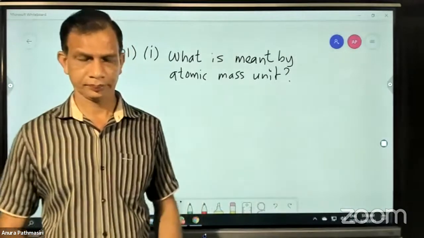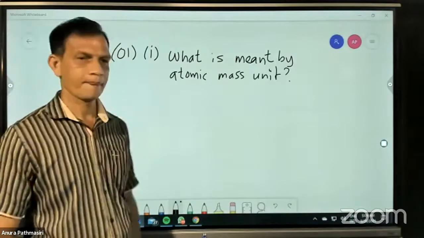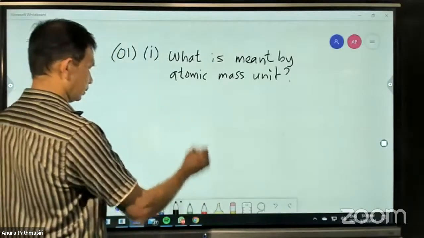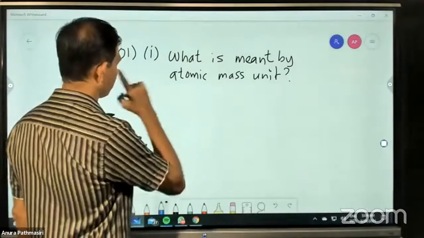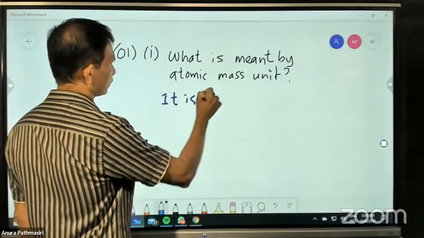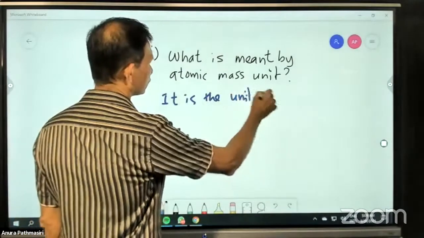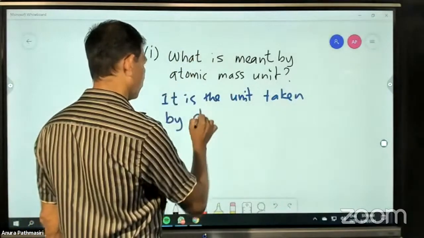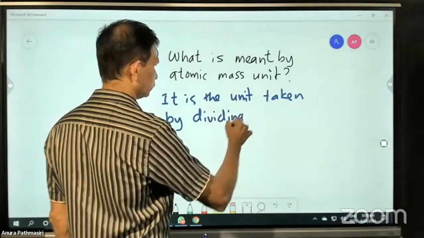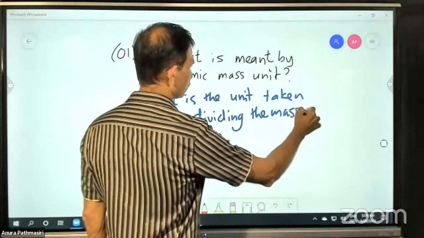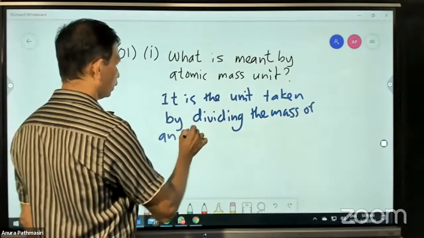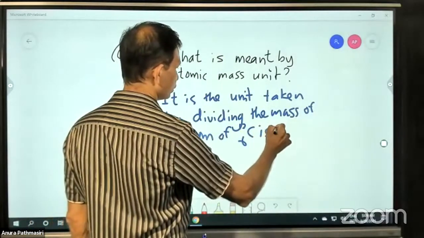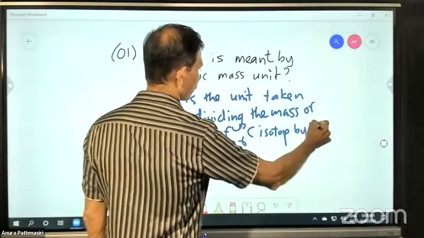The answer is: it is the unit taken by dividing the mass of an atom of C-12 isotope by 12.